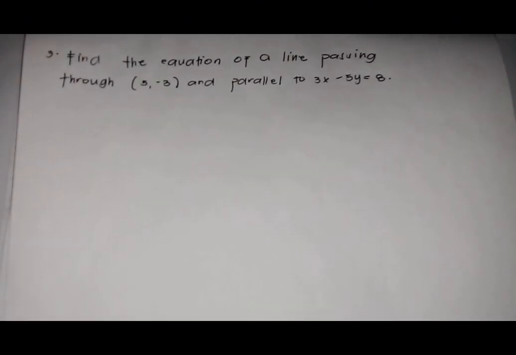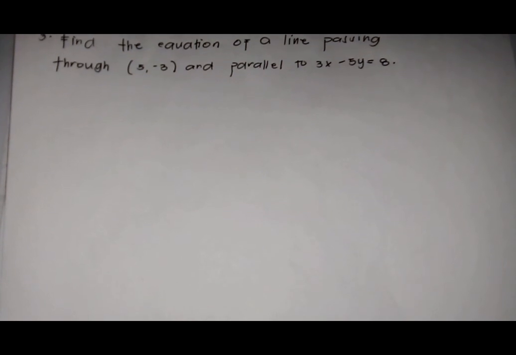For question number 3, part 1, find the equation of a line passing through (5, -3) and parallel to 3x - 5y = 8.